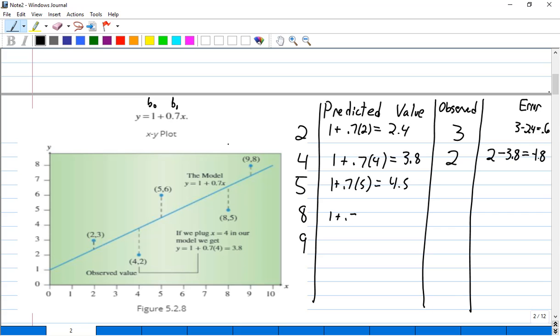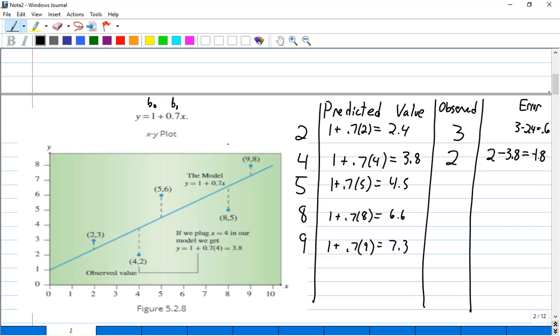And 1 plus 0.7 times 8, that's going to be 6.6. And 1 plus 0.7 times 9, that's going to be 7.3. Those are all predicted. Those aren't actual values, but if we just had that line, we could predict what we would get out.